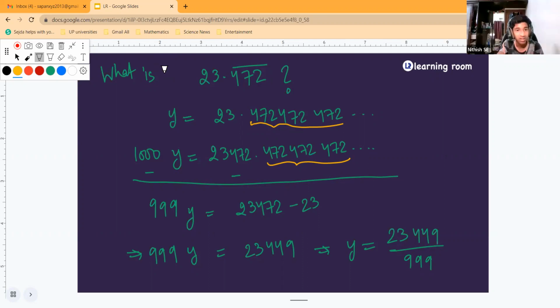It is not that. So when you calculate it by calculator, 23449 divided by 999, your normal calculators will give you 23 point certain finitely many digits. Yes or no? Yes, sir. Now, if you go to an advanced calculator, it will tell you 23 point more digits.